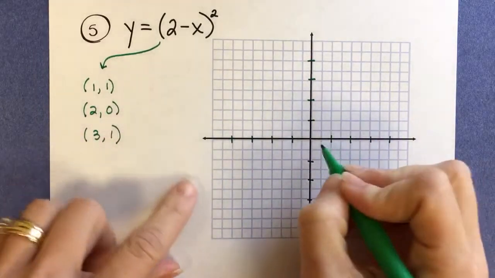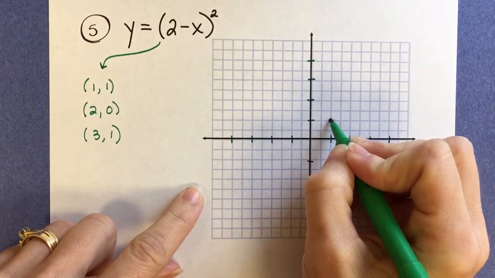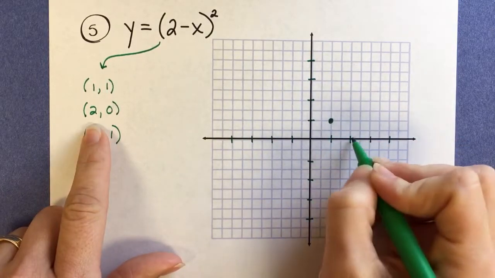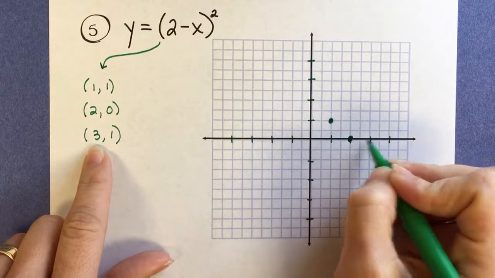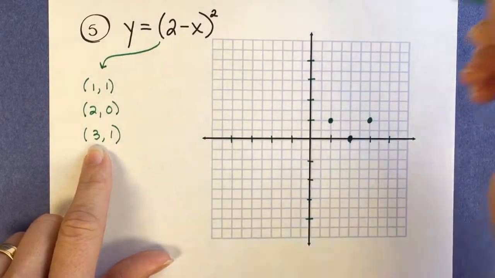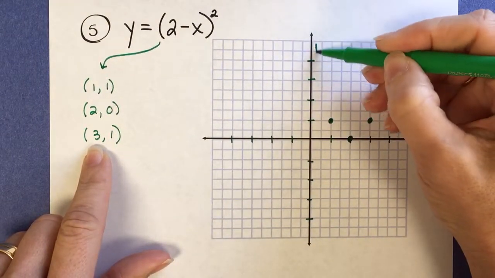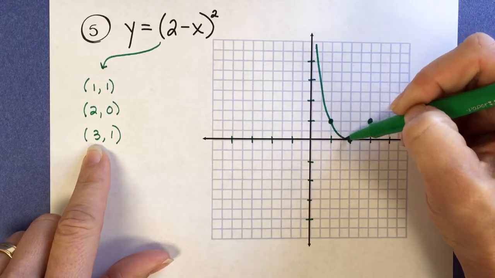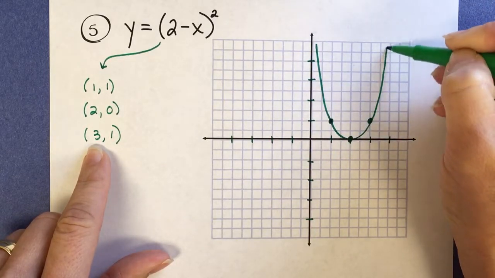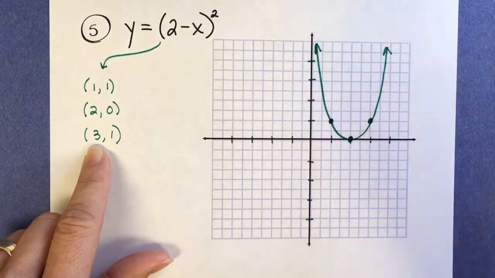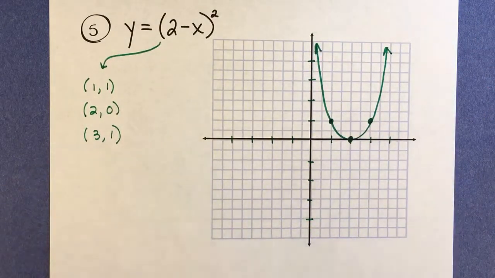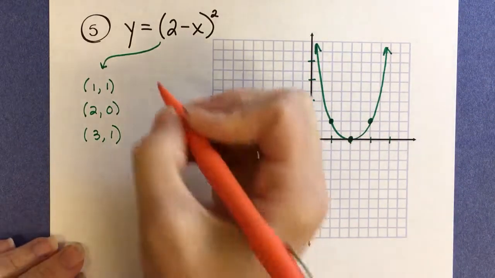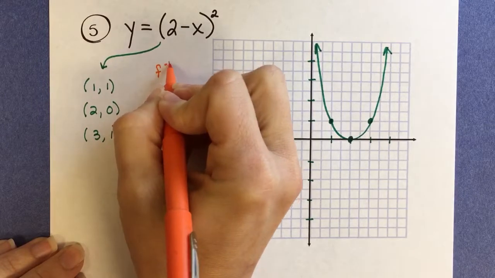Okay, so the point 1, 1, then 2, 0, and 3, 1. Okay, so here is the relation that was given to me. Okay, so now I'm asked to graph the inverse.